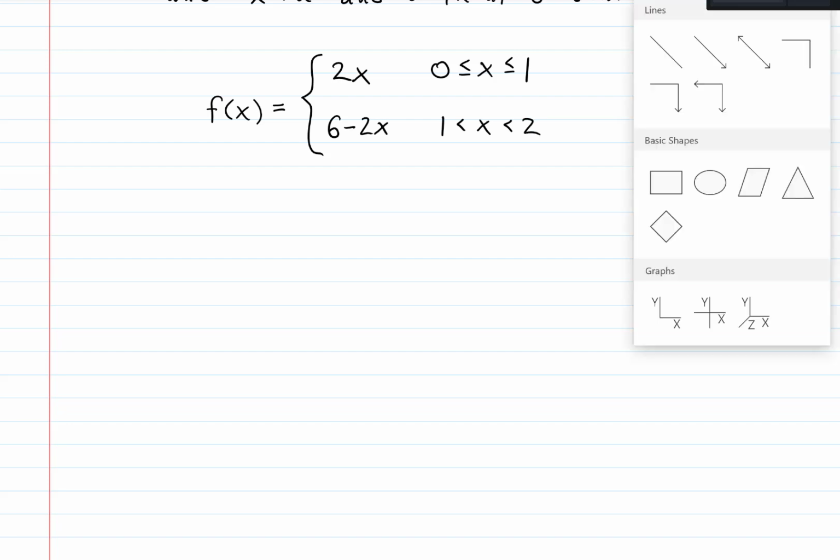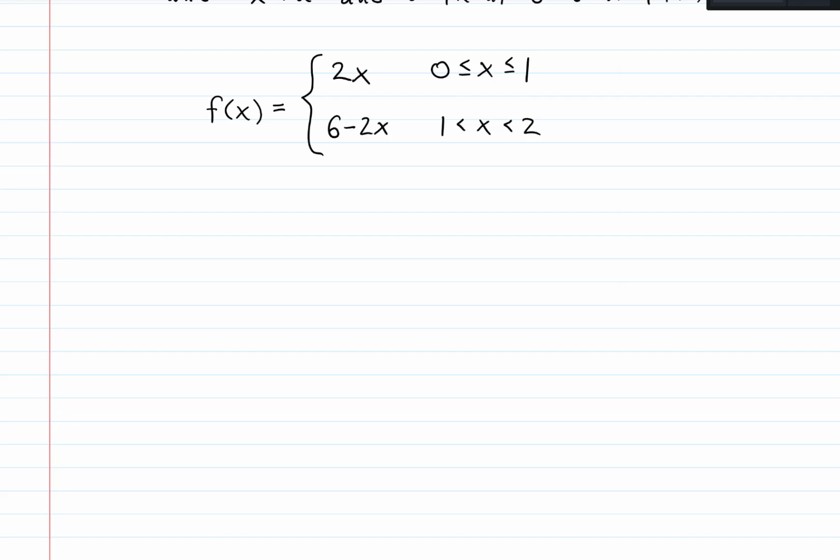So what would that look like? I'll show you. Okay, let's say we have 1 right here, 2 right here. Let's say 1 is right about here and 2 is right about here.